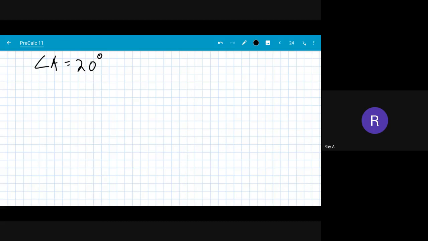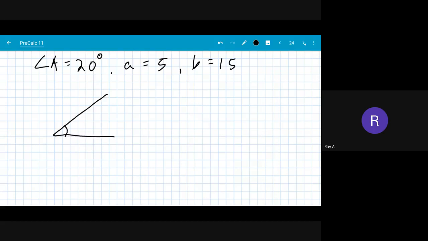And then it says little a is 5, little b is 15. And then the question is, how many triangles are possible? So this is the trick. I told you at the beginning, always set it up this way.